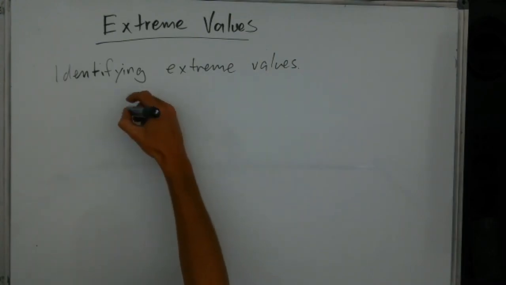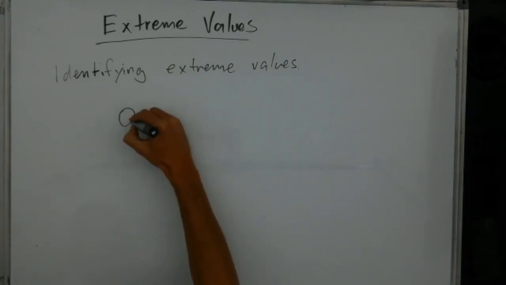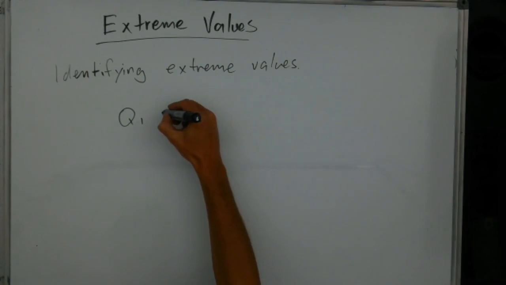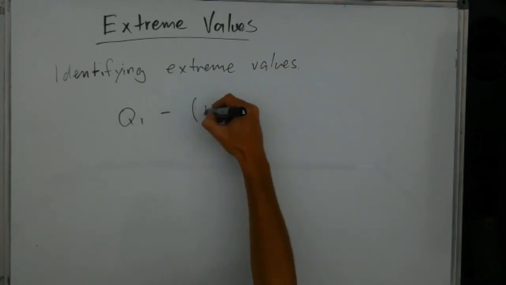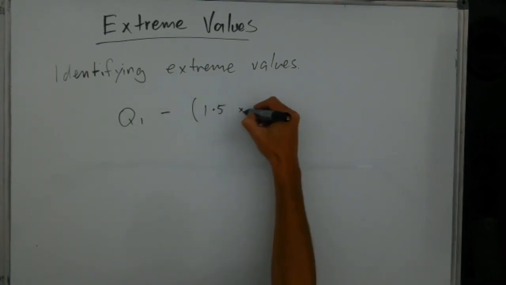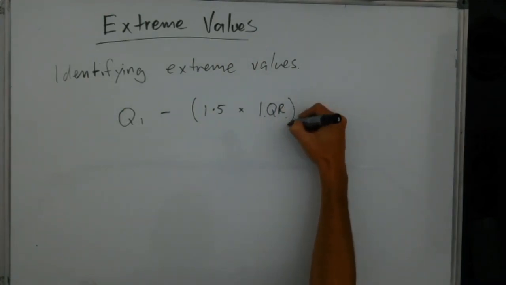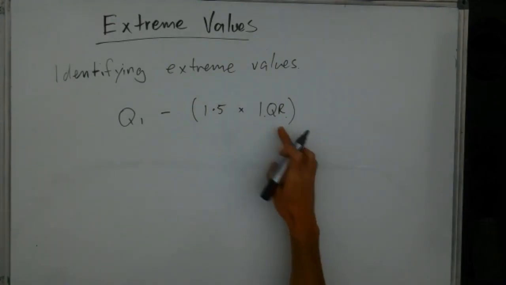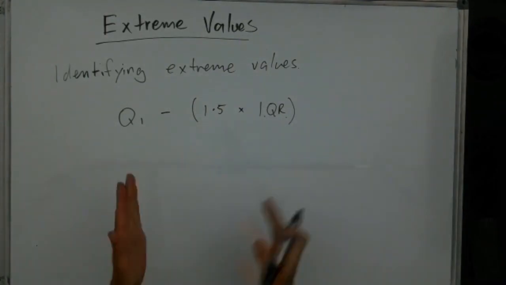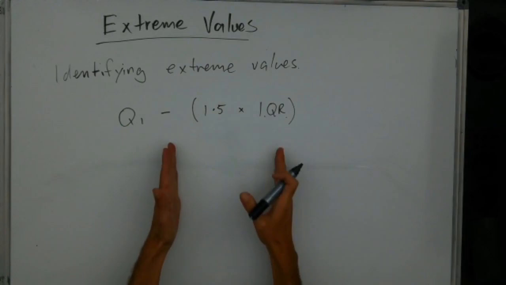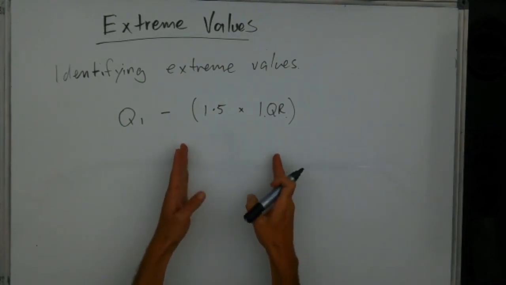So we've got Q1, and we're going to take away 1.5 times the interquartile range. So remember, the interquartile range was the difference between Q1 and Q3.